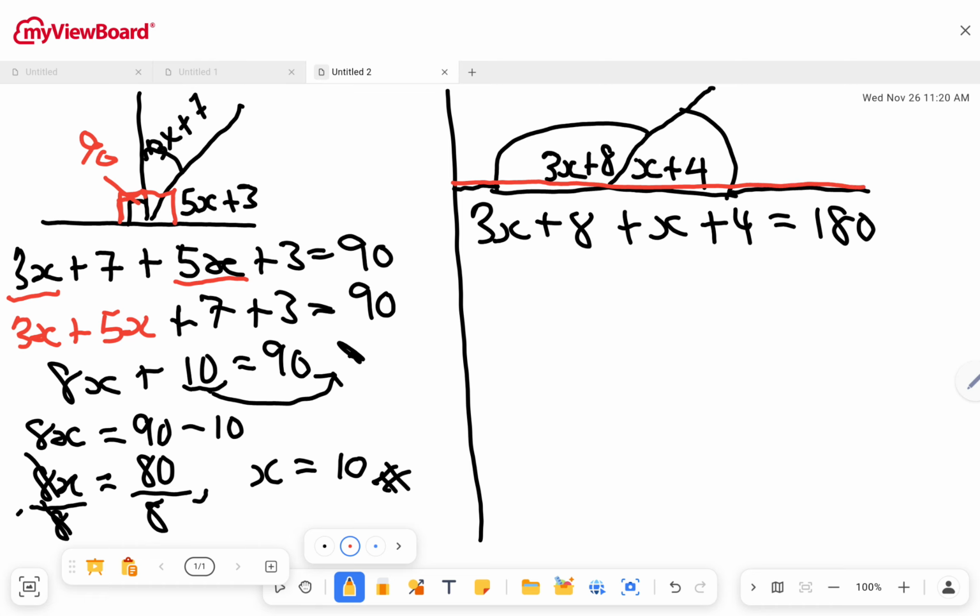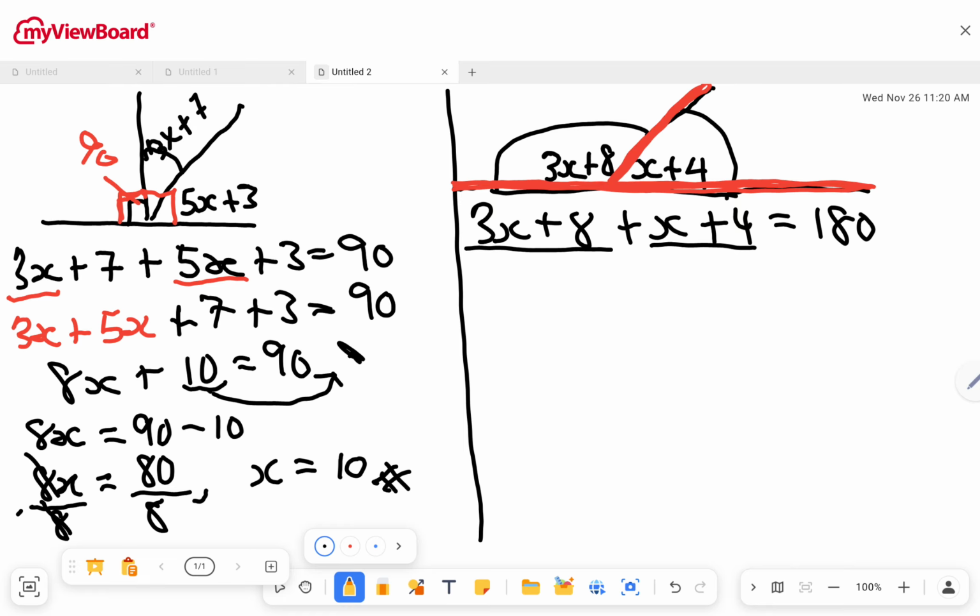The total angle on a straight line is 180. So if you are being given a question on a straight line, you must add every angle on it and equate it to 180. That is why we've added the two angles and equated it to 180.